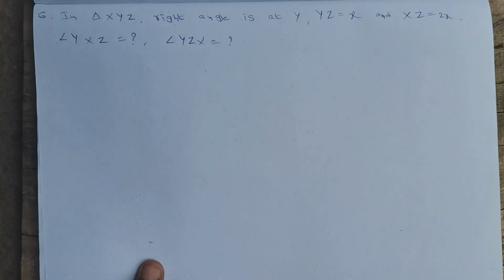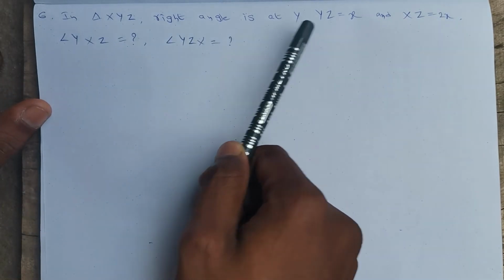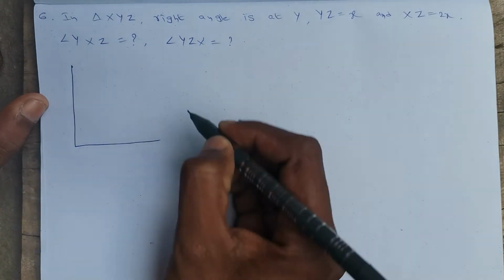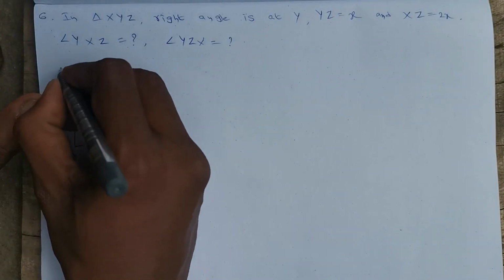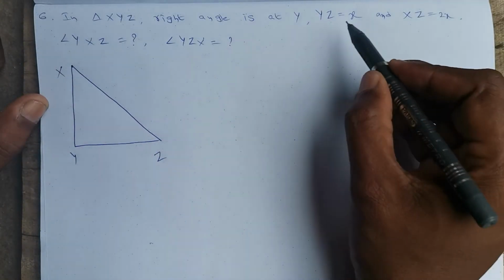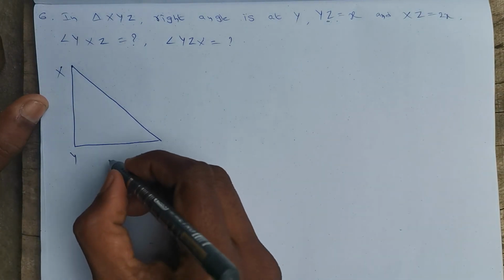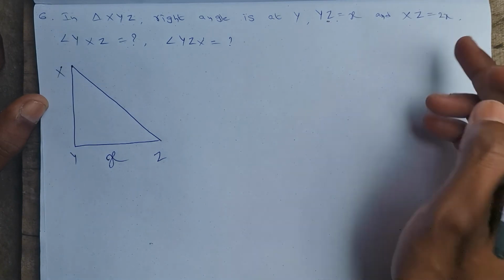Okay, next question number 6. In triangle XYZ, right angle is at Y. This is X, this is Z. YZ is equals to small x. This YZ measurement is given as small x, and XZ is equals to 2 times x.